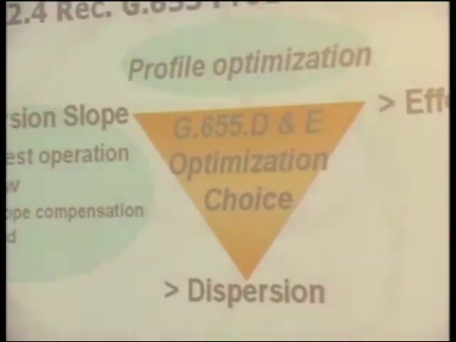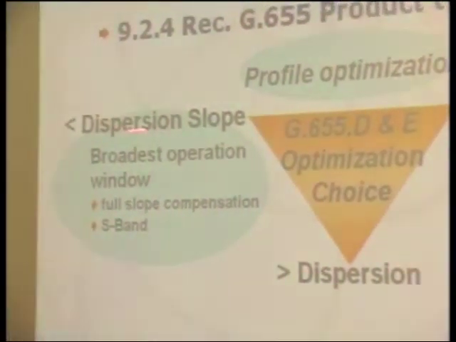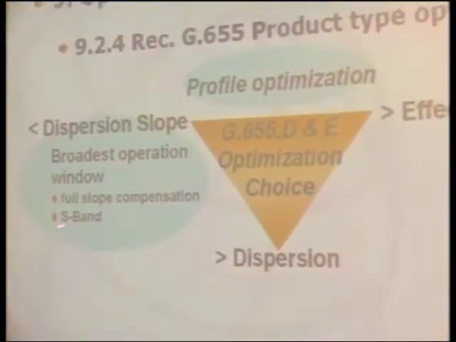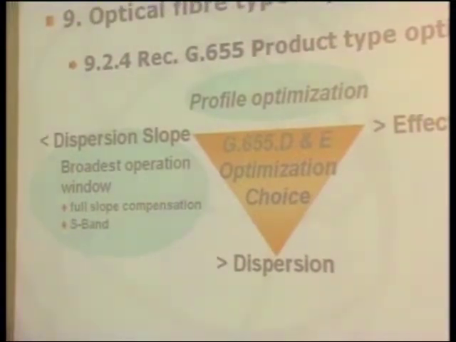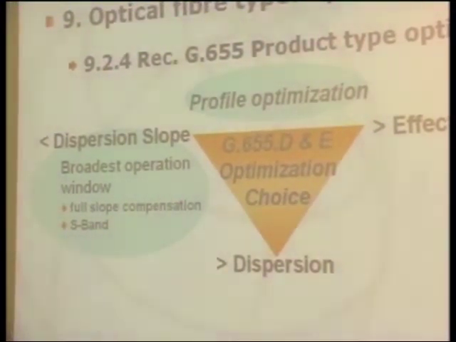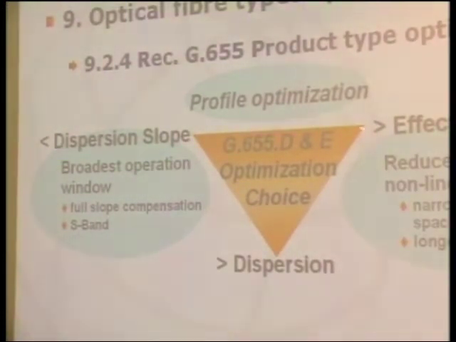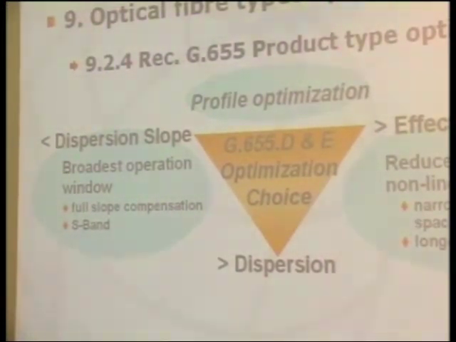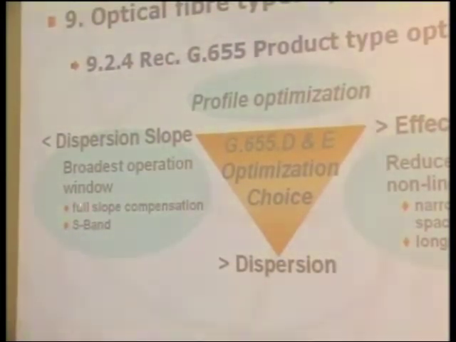Now, what can be reached with that? If you have a lower slope, you can have a very broad window available, even including the S-band. If that is your wish, you can decide on that fiber. And it also makes a quite easy slope compensation. If you go for a higher effective area, you also have a higher slope, so you don't have a very wide region.